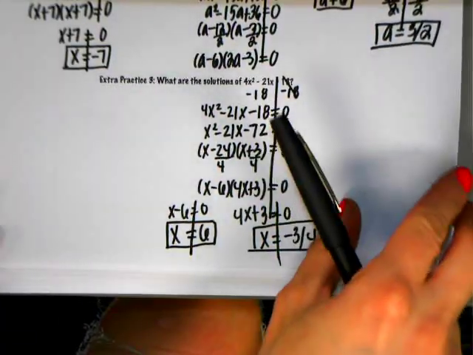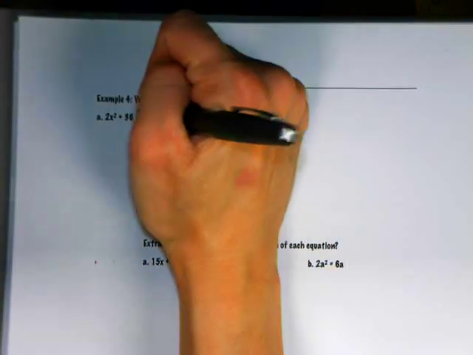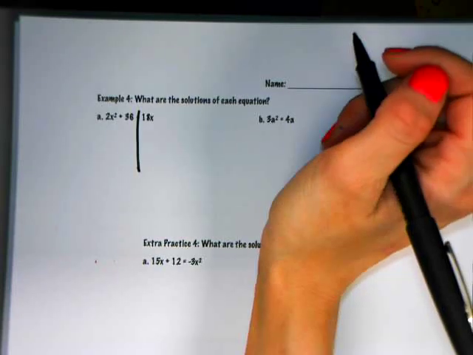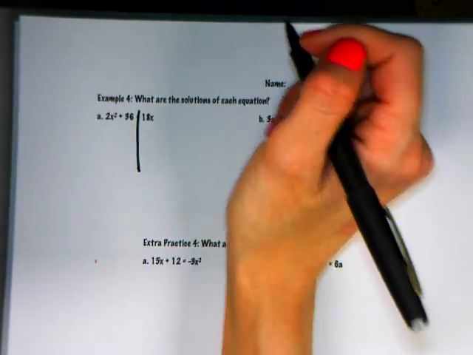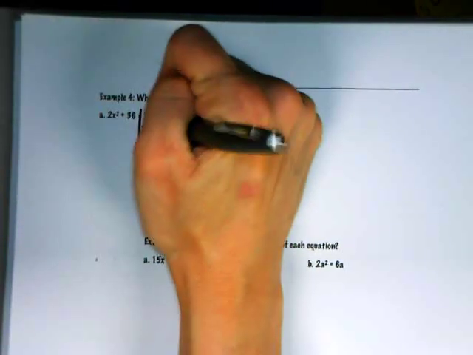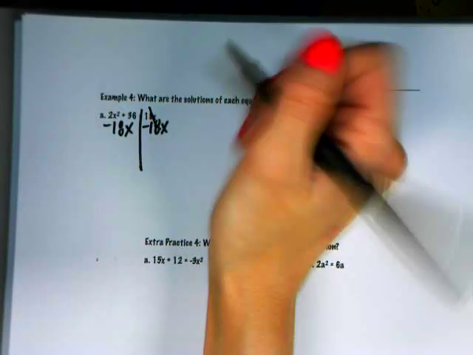Okay, so now some ones that are just maybe a little bit weird. All right, A. What am I going to do first on A? Subtract 18x. Where am I going to put that? Second, because of standard form.